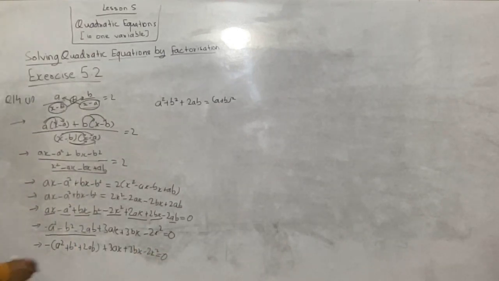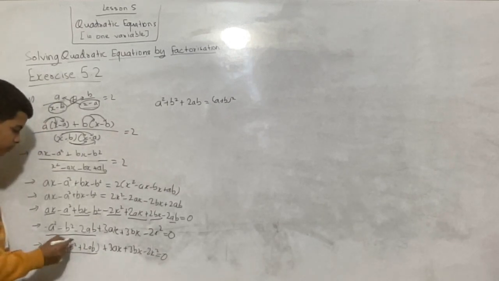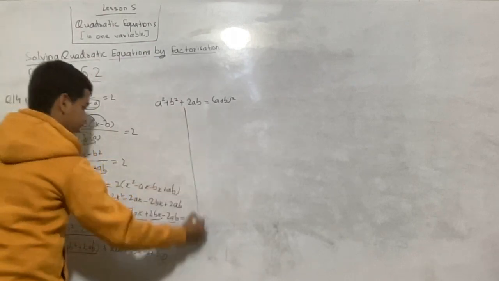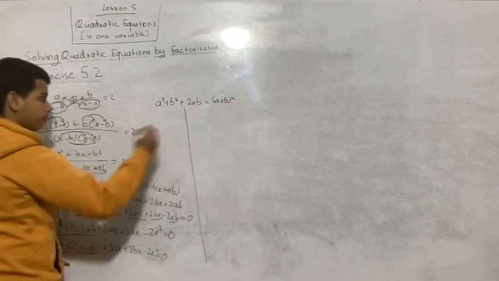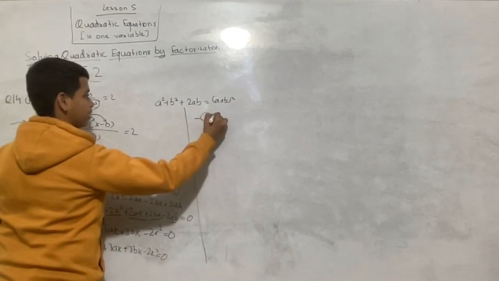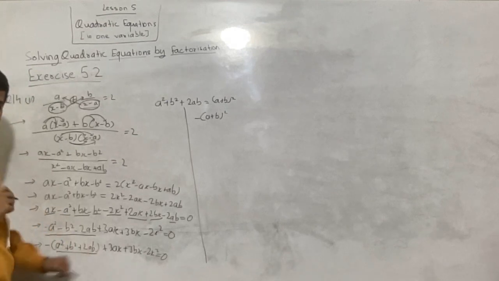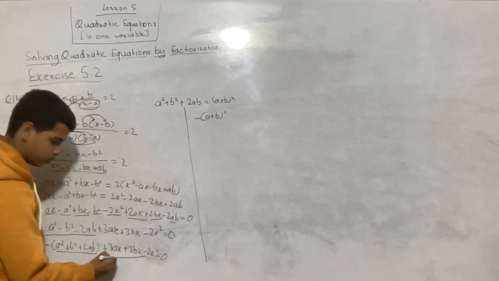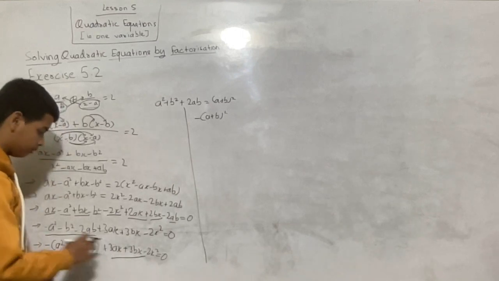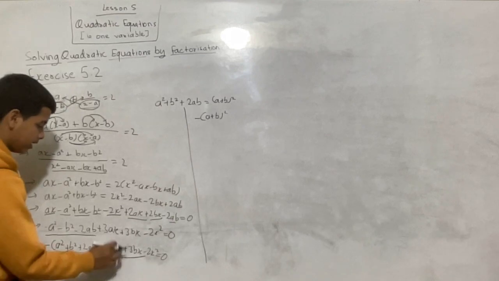Now what can we do? We can convert this using the formula a square plus b square plus 2ab is equal to (a plus b) whole square. So we can directly do it, but remember this minus sign: minus (a plus b) whole square. And here we can factorize these two, because 3x is common in both of these.